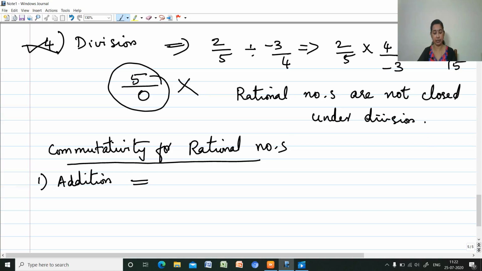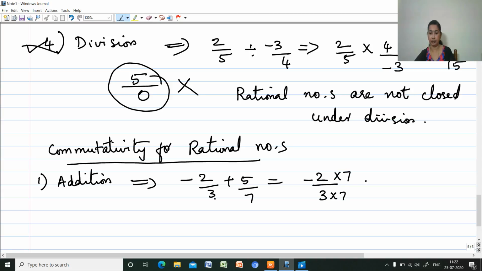Two rational numbers, if you are adding minus 2 by 3 plus 5 by 7 equal to. So, here the denominator is 3 and 7. In order to make the denominators the same, I have to multiply the first by 7 and the second by 3.